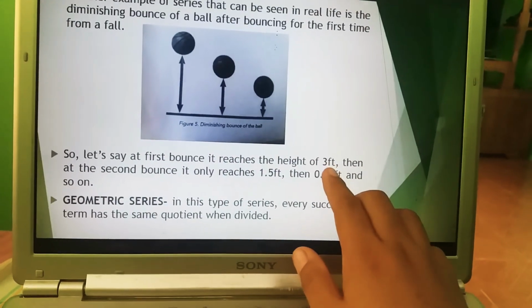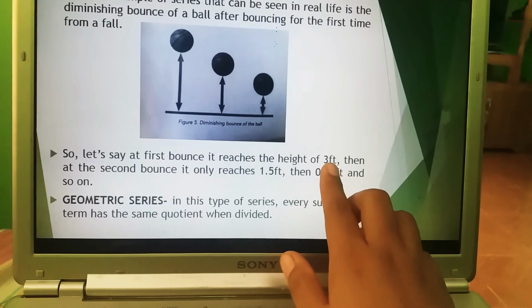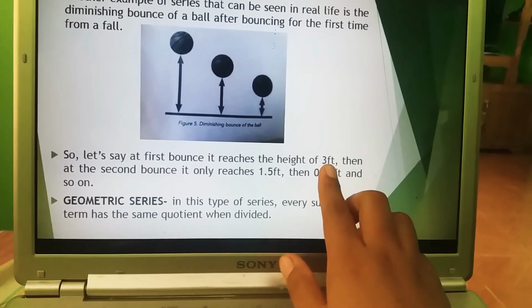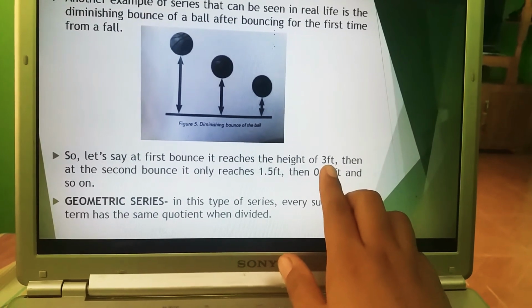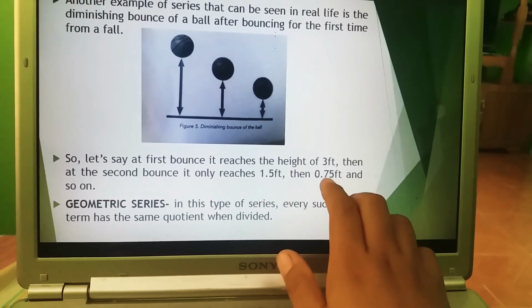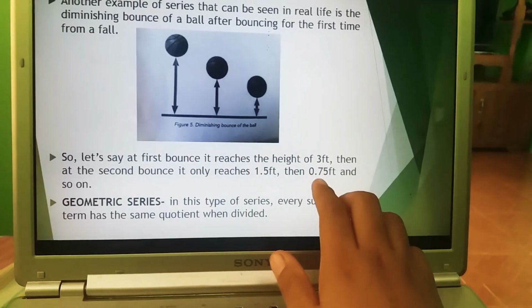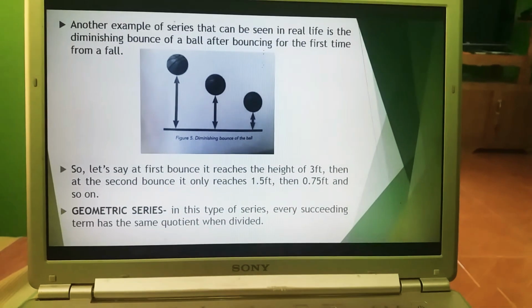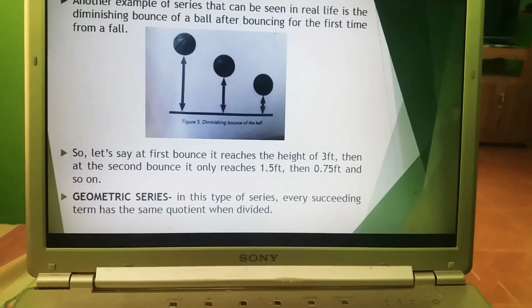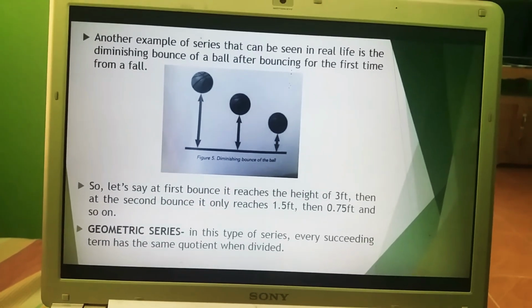If we divide 1.5 by 3, the quotient will be 1/2 or 0.5. And if we divide 0.75 by 1.5, they will also have a quotient of 1/2 or 0.5.